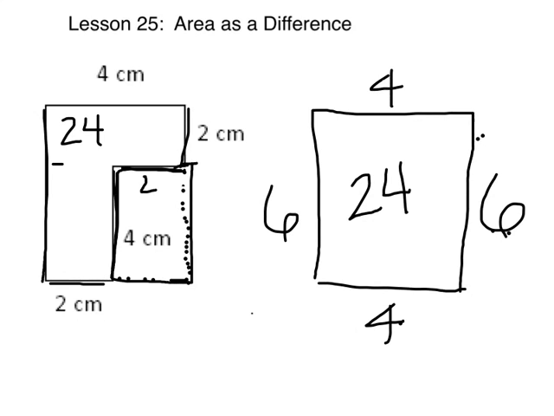We know this is 2. So the area of this little box that's really not here is actually 8. So I'm going to subtract 8 from the 24, and I get 16. So that's how you do area as a difference. We're going to practice it a couple more times and then let you do your lesson. Okay, go to the next frame.